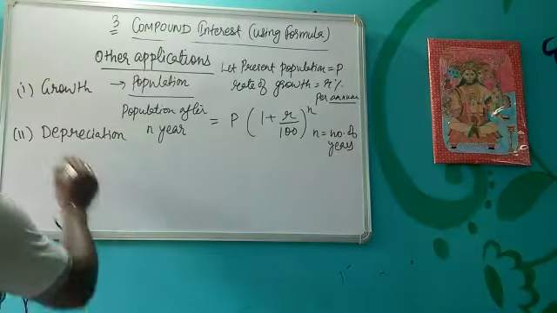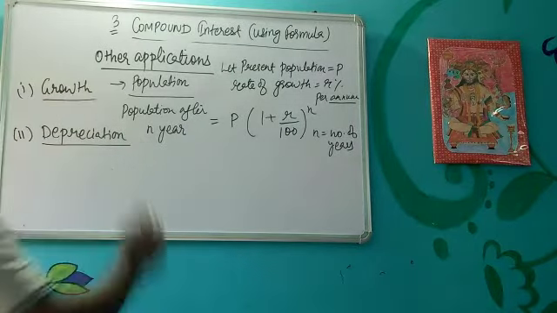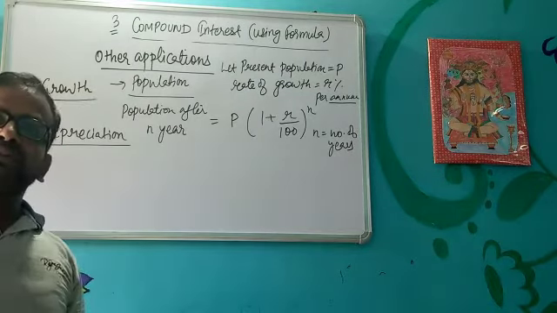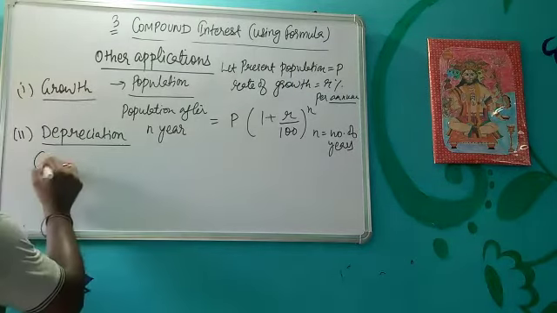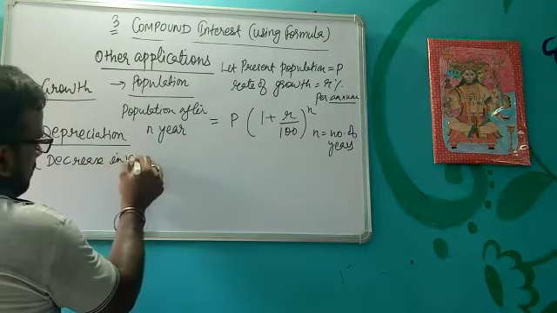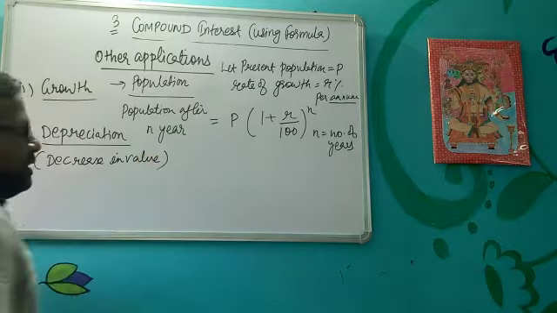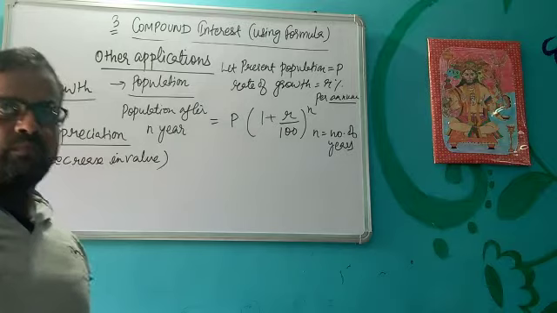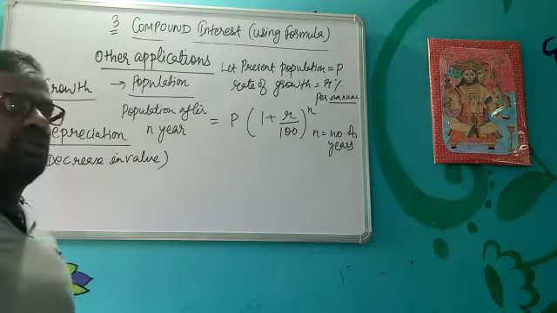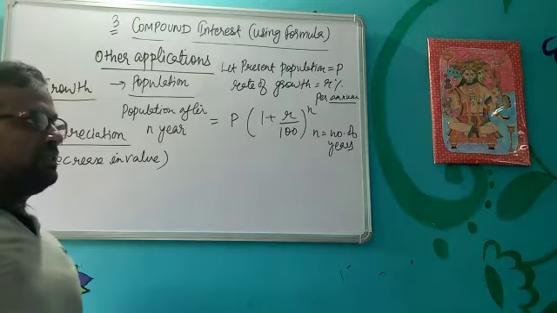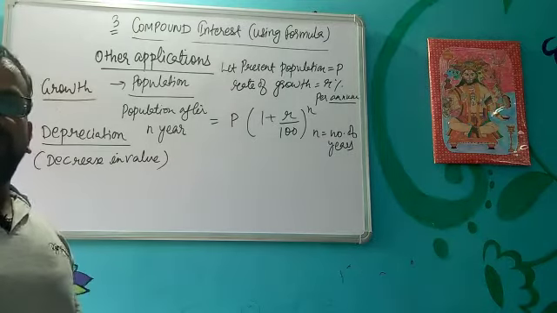Then one more application of compound interest is depreciation. Depreciation means decrease in cost, or we can say decrease in value. As we all know, any vehicle or machinery, whenever we purchase it, its value keeps decreasing, at a uniform rate per year.